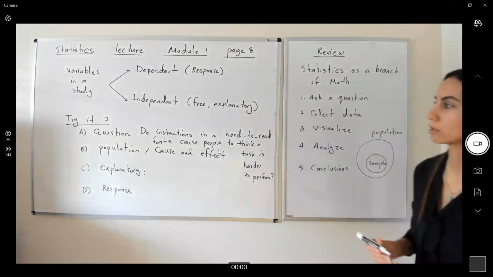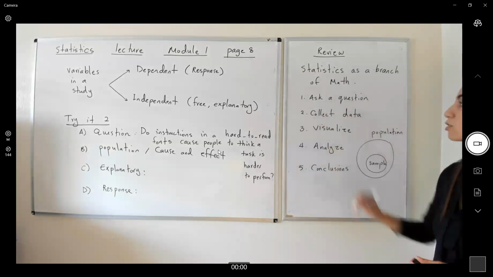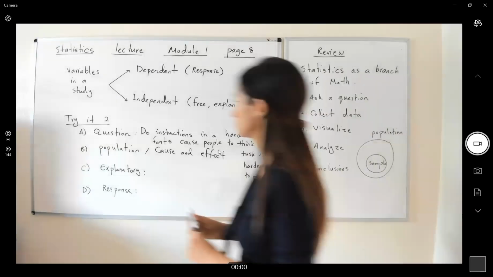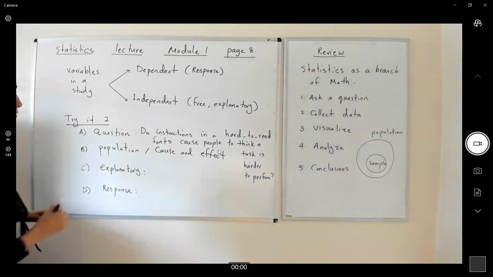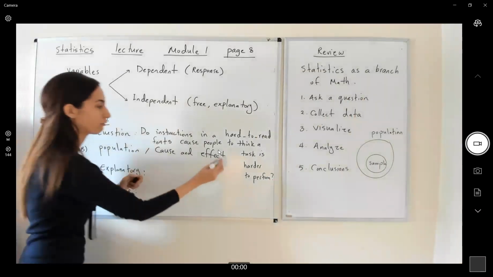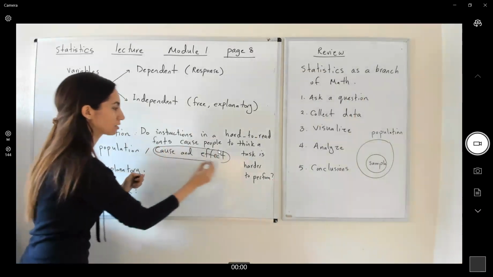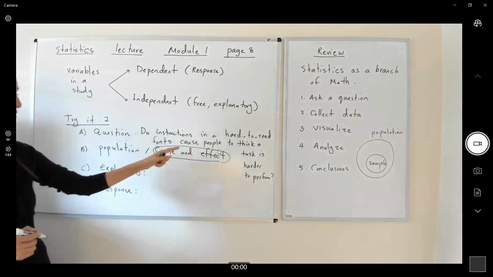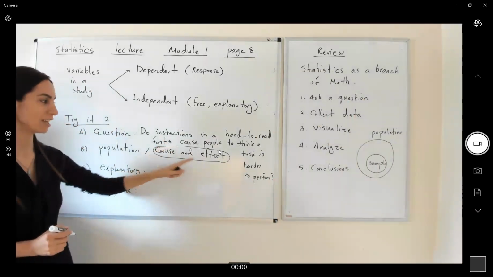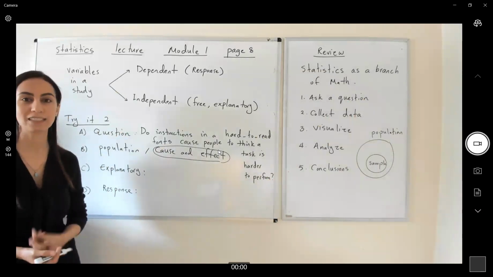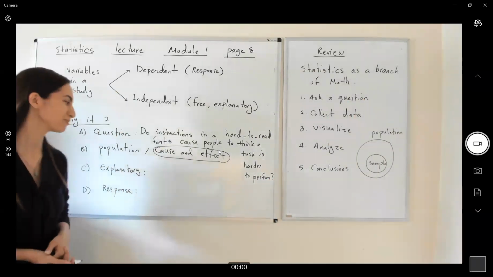This can be your question, statistical question. Then, of course, it's cause and effect. The cause of having different thoughts and effect in thinking a task is harder to perform.